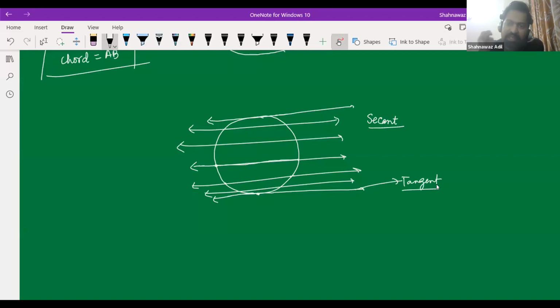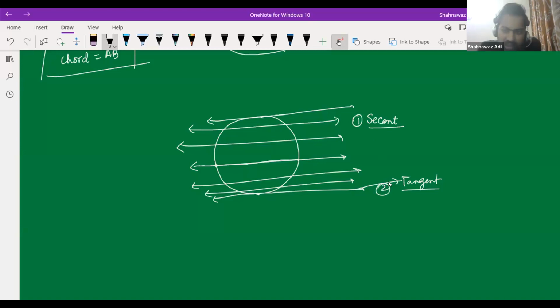So a tangent is a line which intersects the circle at 1 point, and a secant is a line which intersects the circle at 2 points. That is the difference between tangent and secant. Is this clear? Yes. Okay.